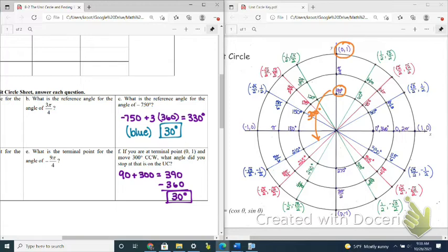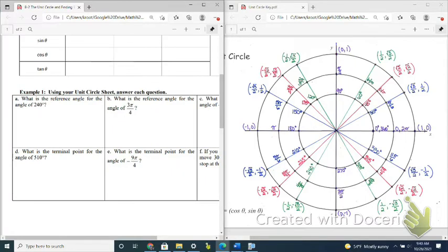Let's take a look at the last 2 on this page. So if I look at D, it says, what is the terminal point for an angle of 510 degrees? Again, 510 degrees is not on my circle. So I need to go ahead and subtract 360 till I get it on my circle.